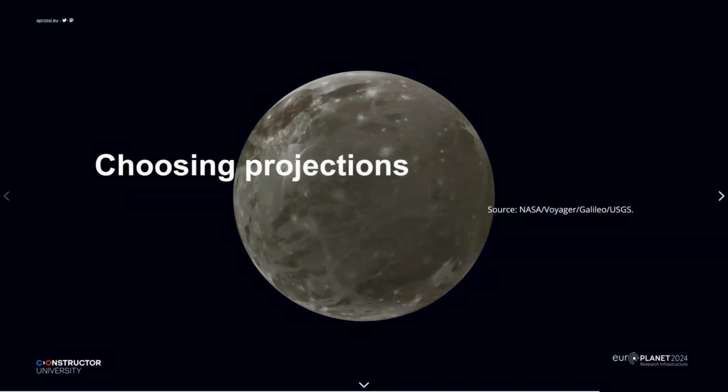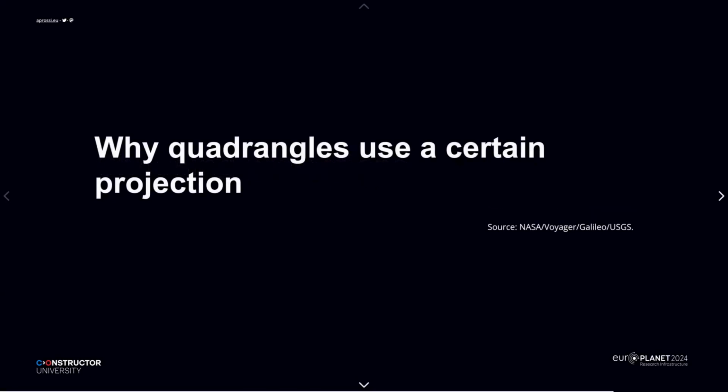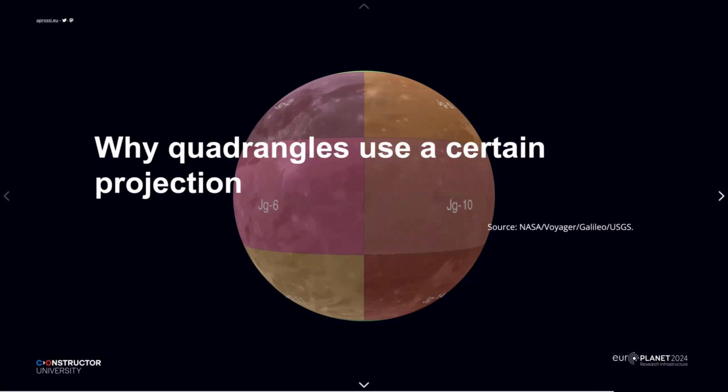Now, how do you choose projections? I mean, can the projection be chosen arbitrarily? Actually not, because typically the rotational state and the geometry of a body are dictating your projection. Here you see, and I invite you to click on this and have a look, the projection of the standard mapping of USGS of both base maps and geologic maps on Ganymede.